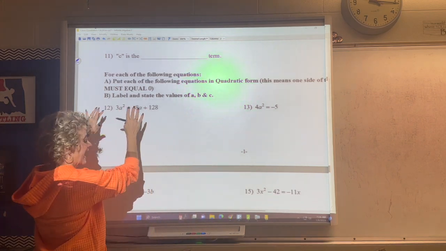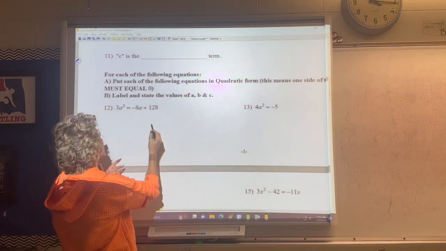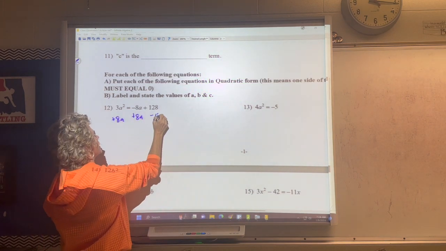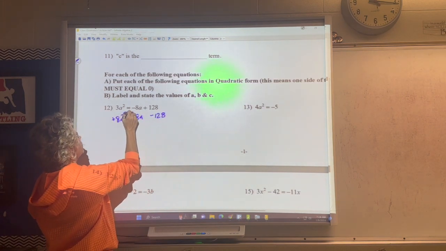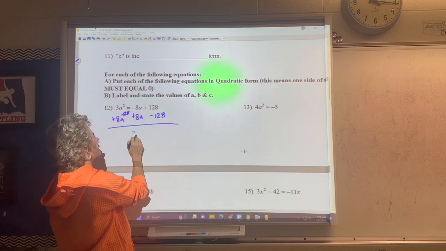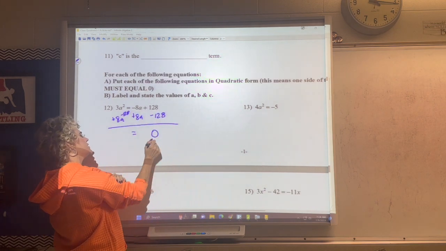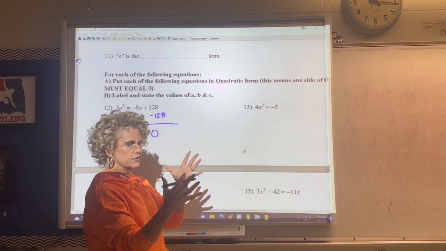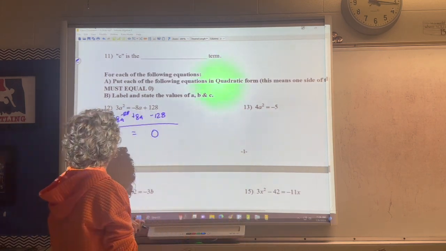So 3a squared, that's my quadratic term, it's positive. So I'm going to add 8a to both sides, and I'm going to subtract 128. And I always do it at the same time. It doesn't really matter. On the right-hand side, I need one side equal to 0. I tend to always make the right-hand side equal to 0, but again, we have the symmetric property, so we can write it however we want it, okay?